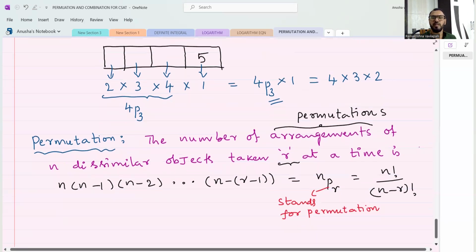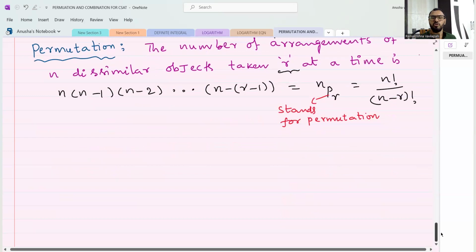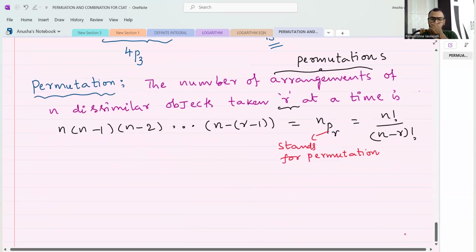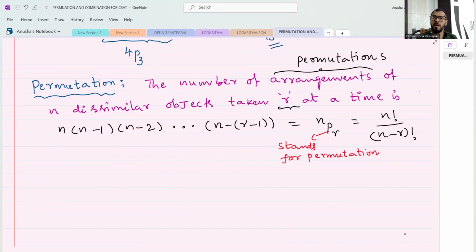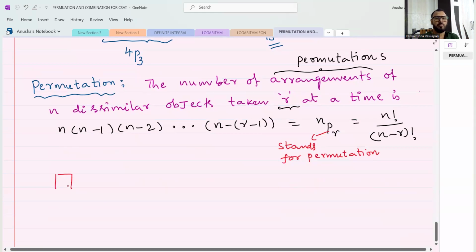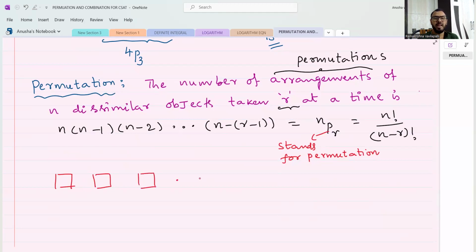The proof of this concept is only one line. It is very simple. How many objects do you want to permute? We want to permute r objects taken from n dissimilar objects. So we have to consider r boxes: 1, 2, 3, and so on up to r times.